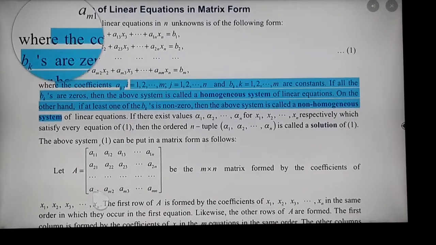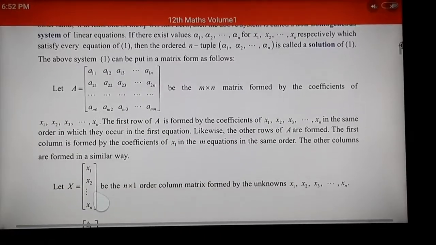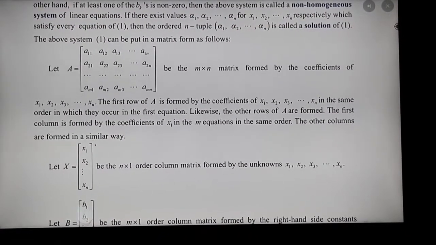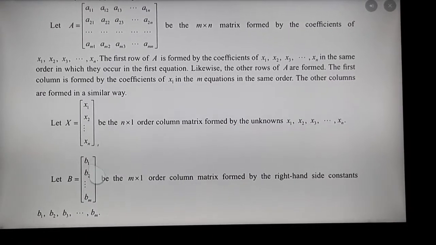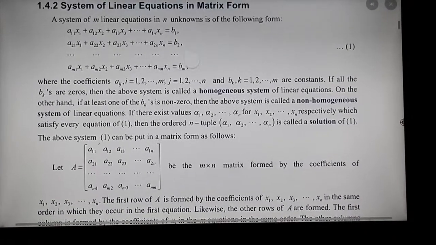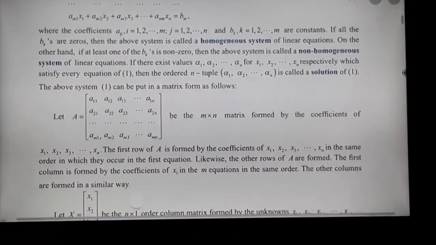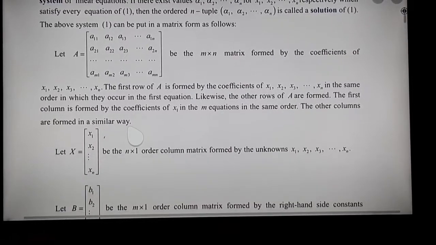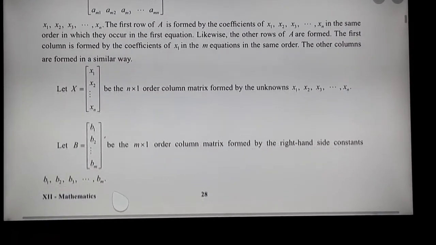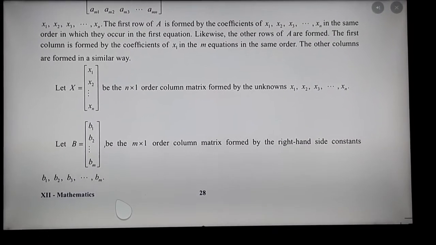Next, this is X, the unknowns, that is the variables x1, x2, x3. This is another matrix, the right hand side p1, p2 up to pm. So three different matrices are formed from the system of linear equation.